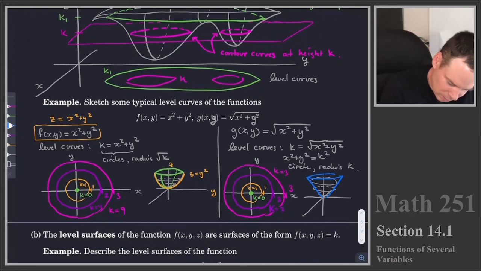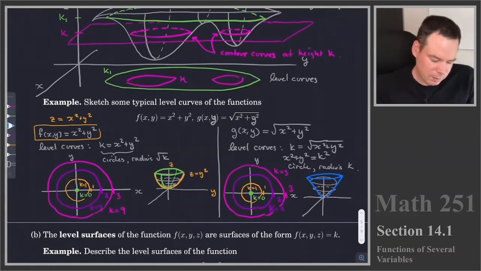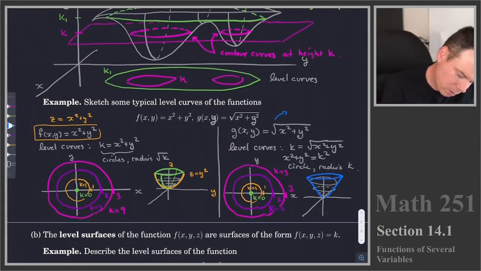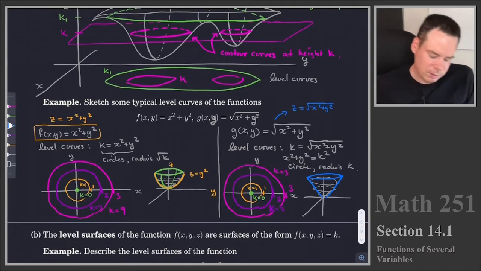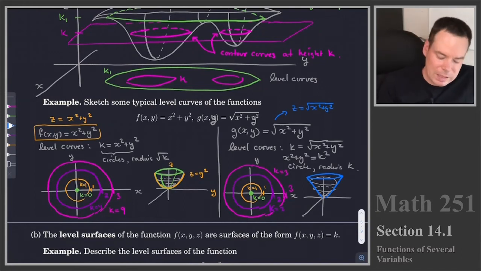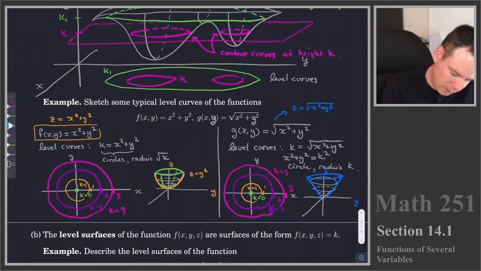Why is that? Well, we can think about z equals the square root of x squared plus y squared, and what's happening when it intersects the y, z plane.